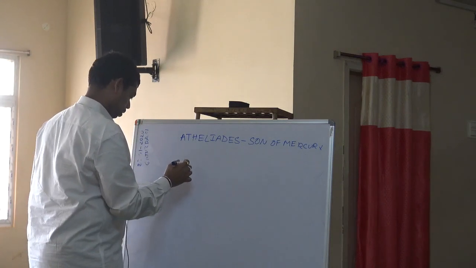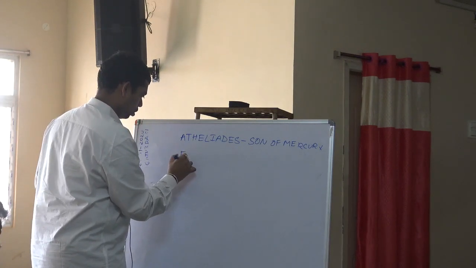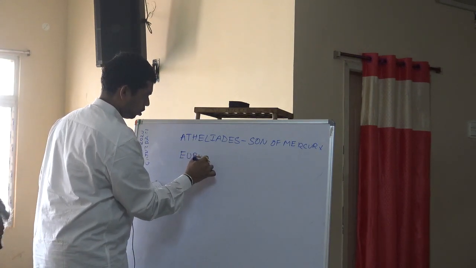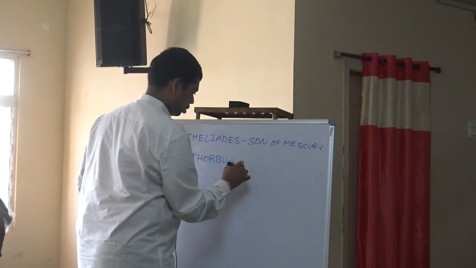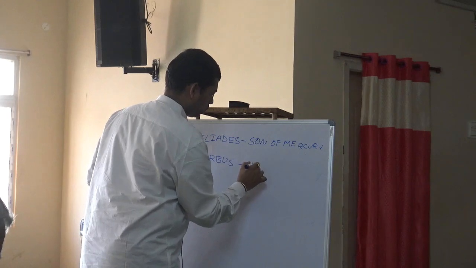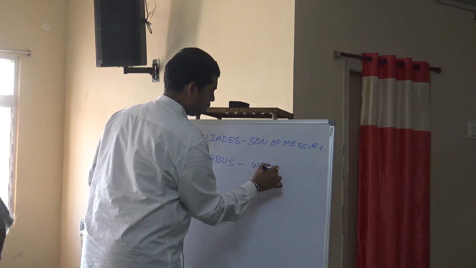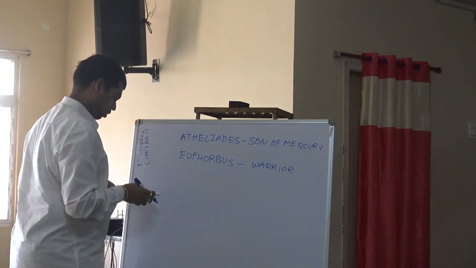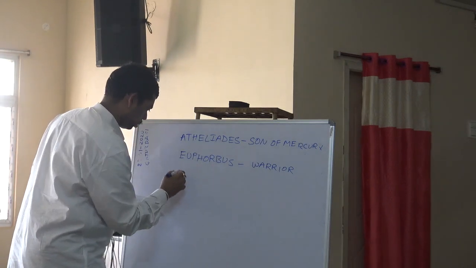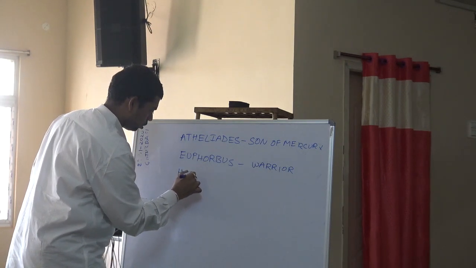Achilliadis, son of Mercury. Then he is born as a warrior in the Trojan War. Then another name, a warrior.